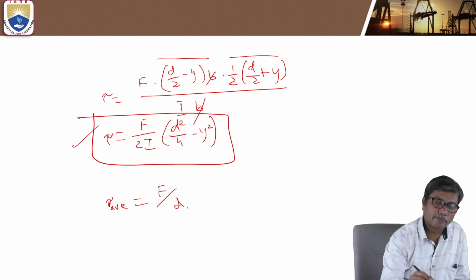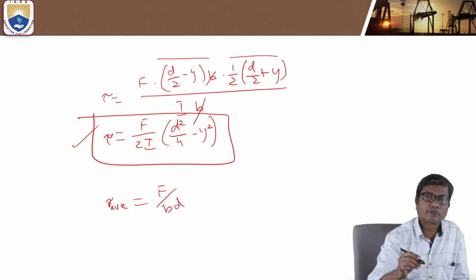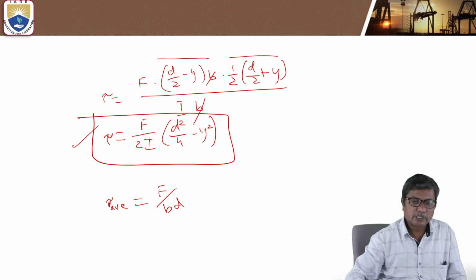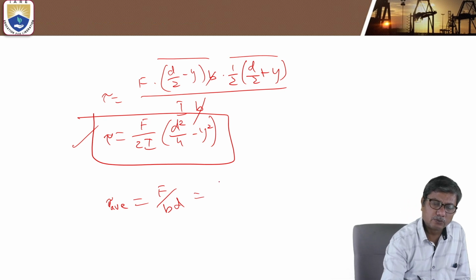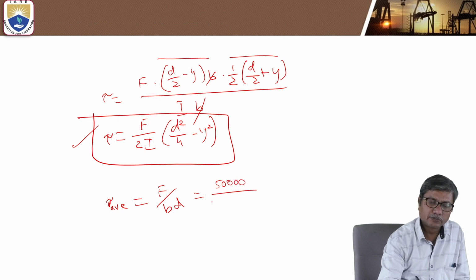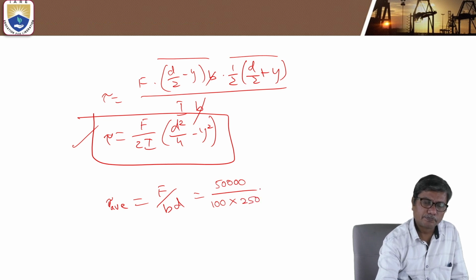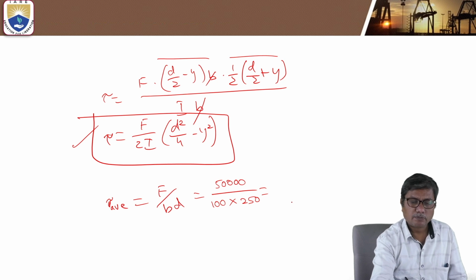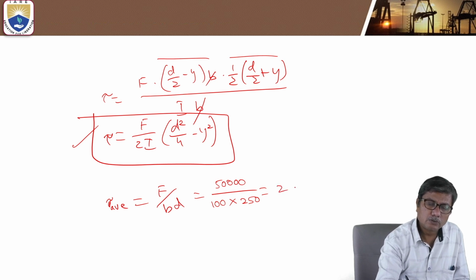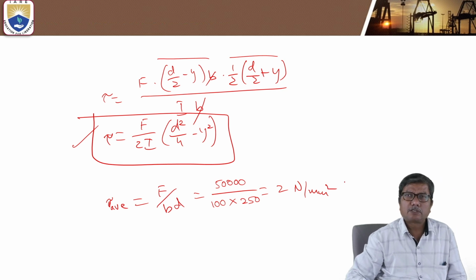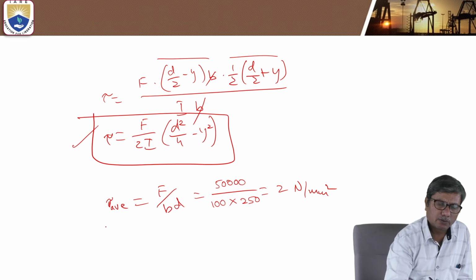Shear force is given here as 50 kilonewtons. So converting it into newtons, and area is width 100, depth 250. So it will be 2 Newton per mm square. So average shear stress is 2 Newton per mm square. That's a direct substitution only.